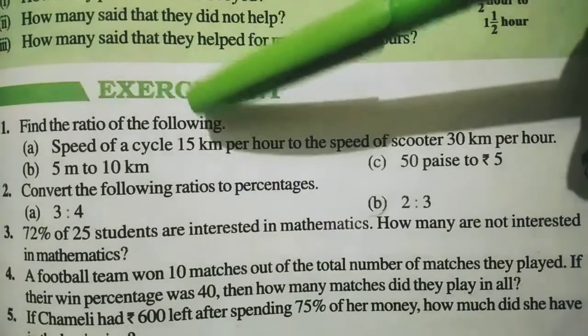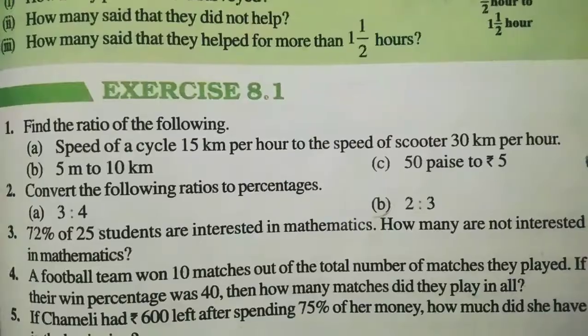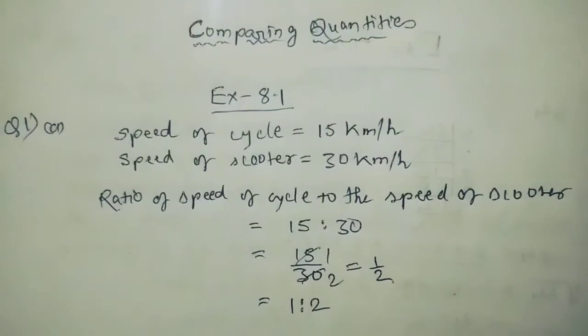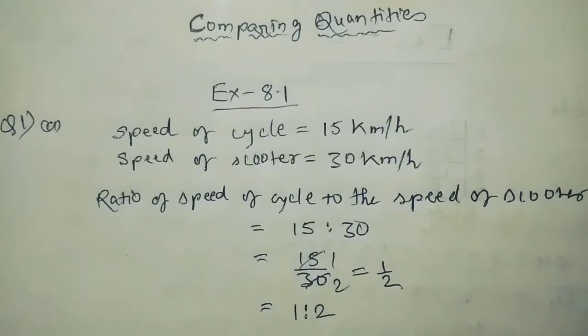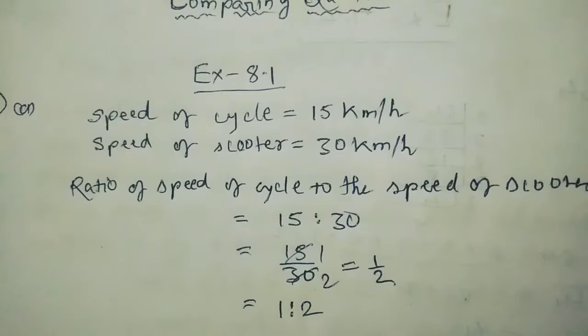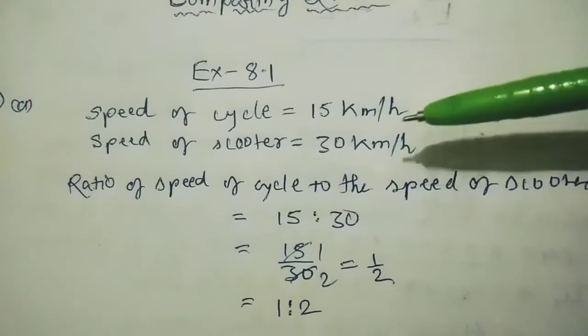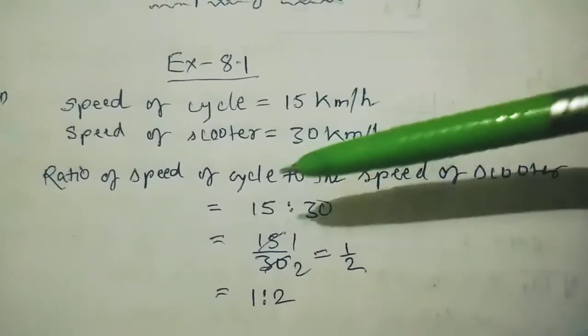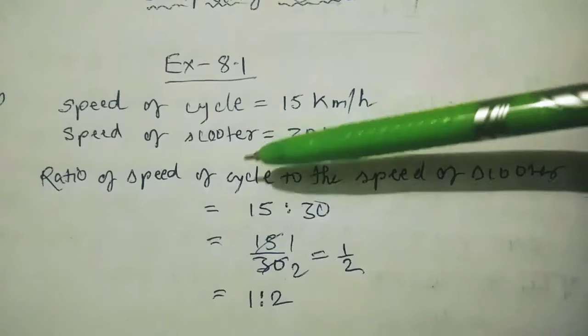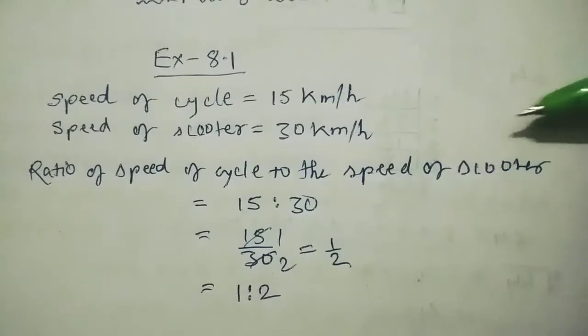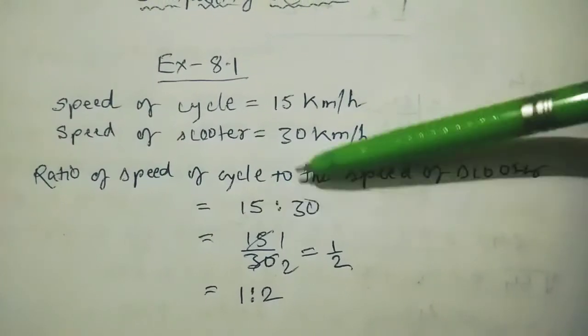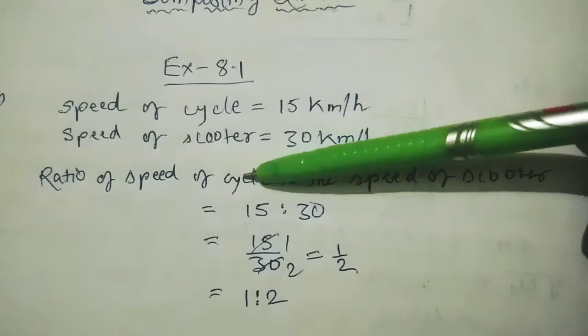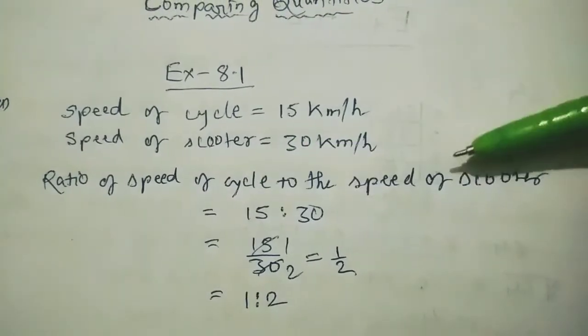So you have to find the speed of the cycle to the speed of the scooter. Please see here. Question number 1, A: speed of cycle equals 15 km per hour, speed of scooter equals 30 km per hour. You have to find the ratio of the speed of the cycle to the speed of the scooter. So it is 15 is to 30, because first the speed of the cycle is asked and then the speed of the scooter.